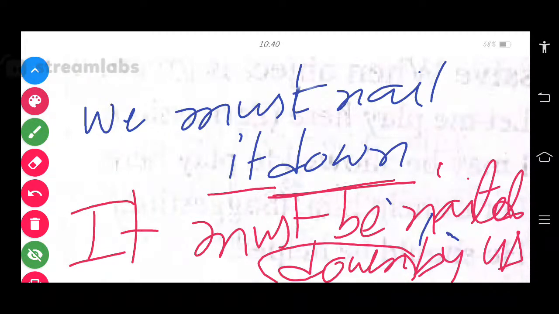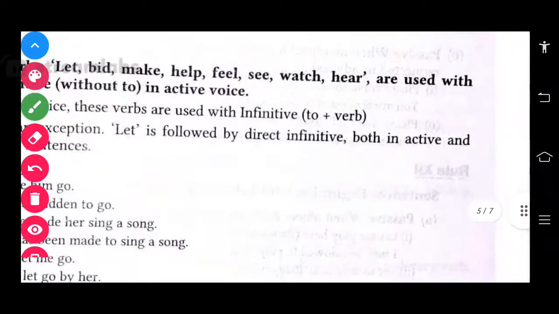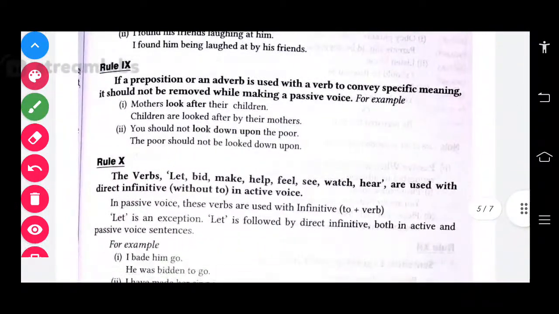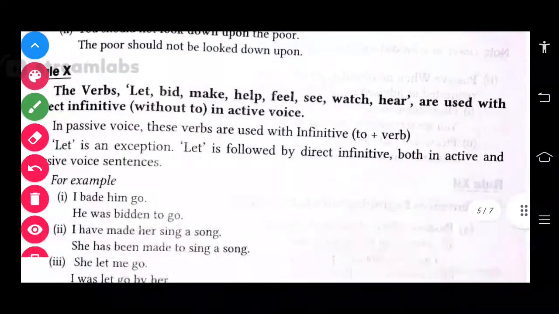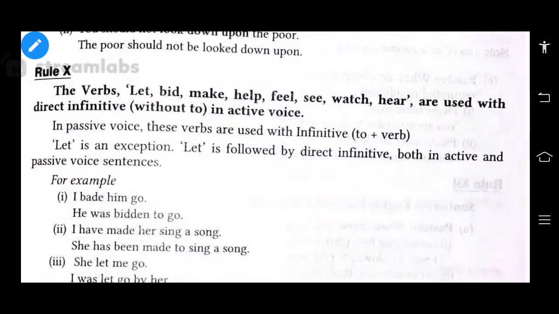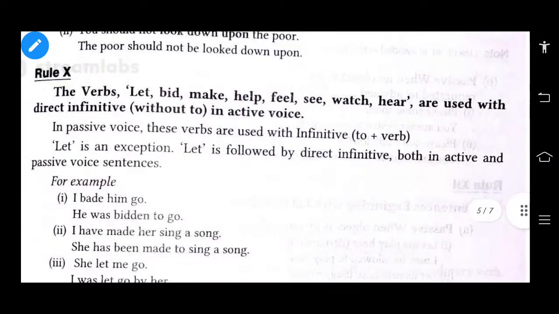Okay, and let us see rule number 10. So far we have learned 8 rules. See that in rule number 10, it was given like this: the verbs let, bid, make, help, feel, watch, hear are used with direct infinitives.